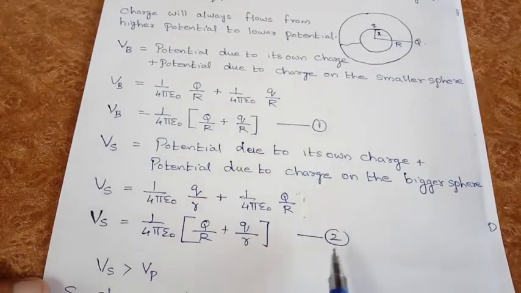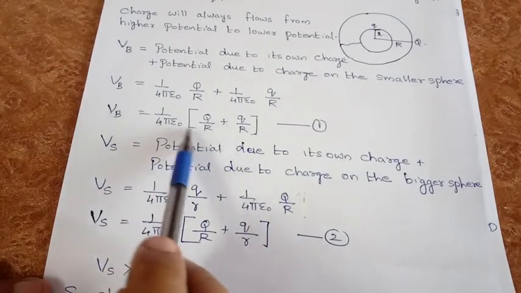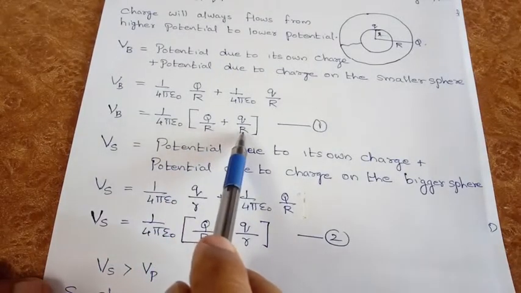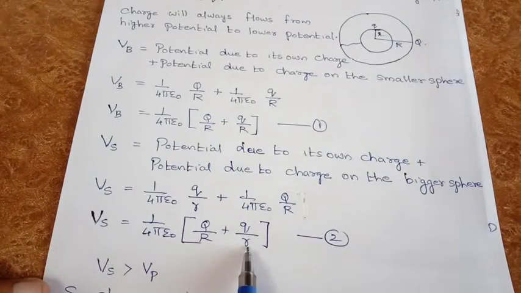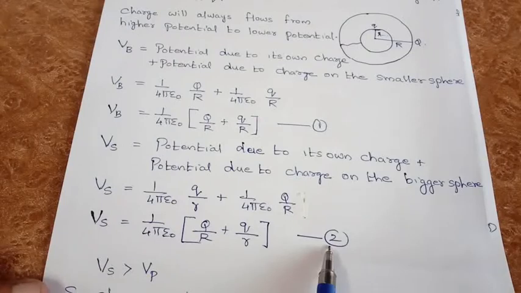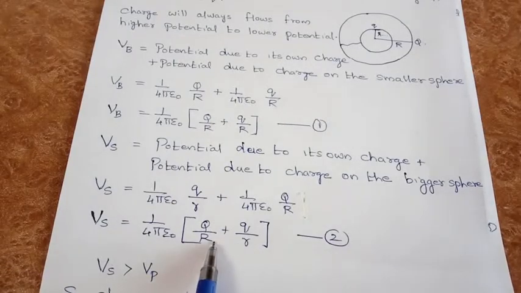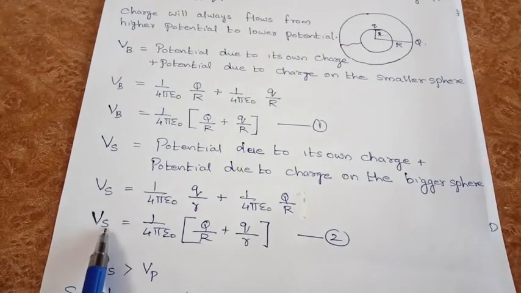Look at equation number 1 and 2. Here you can see the denominator is capital R and capital R, but here it will be capital R and small r. So you can see the denominator is lesser in equation number 2. Since the denominator is lesser in equation number 2, the value will be more.